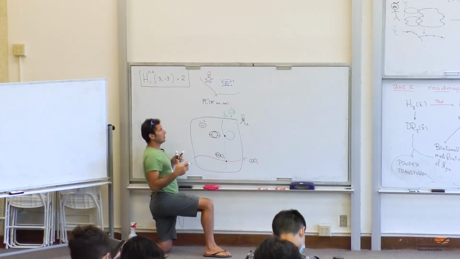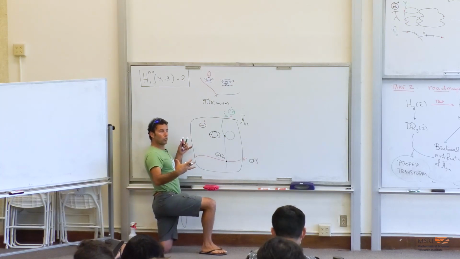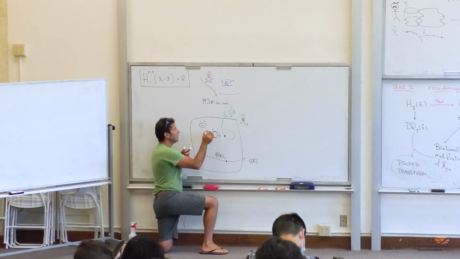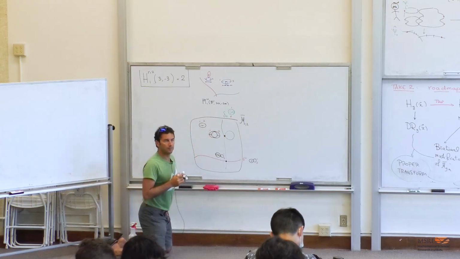So the genus 1 curve has split into two rational curves attached at 2 points. Each of these points is supporting one of the marked points.